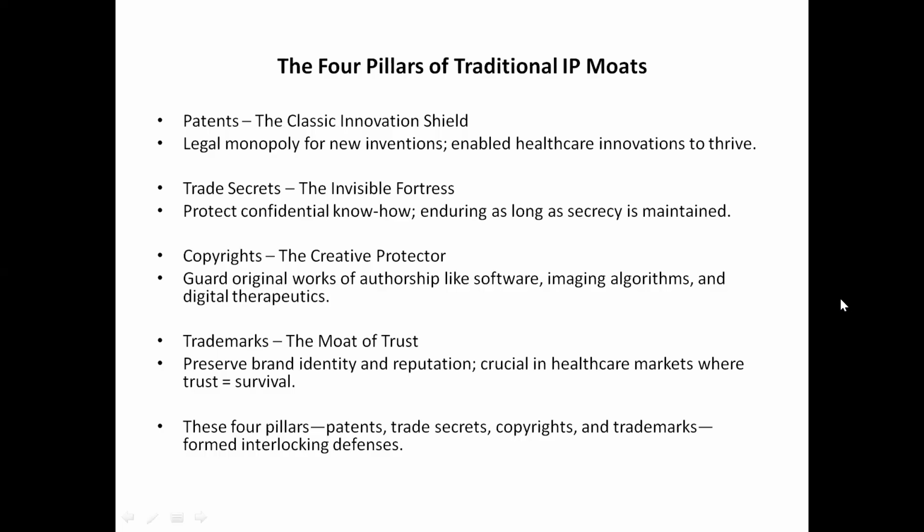And trademark is, for example, the brand and other trademark symbols. These four pillars form interacting defenses. They can be used interchangeably to protect your asset. This is the whole category that you can think about as the traditional moat.